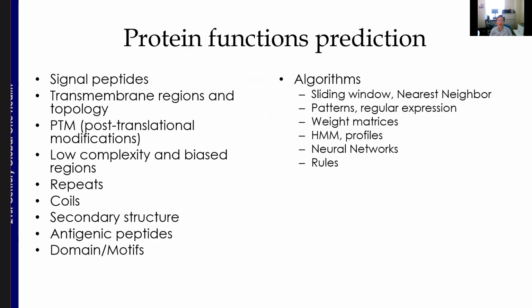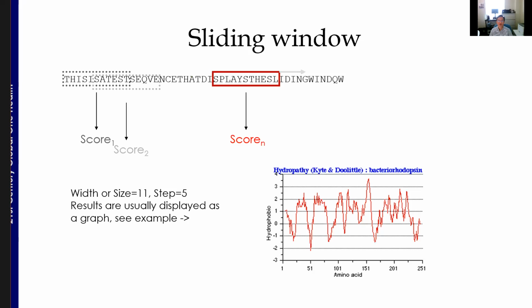We can predict protein function, the gene product function, using a series of tools, for example signal peptide prediction, transmembrane region prediction and post-translational modification. There are different algorithms, based on pattern recognition, weight matrices, sliding windows, etc., that can help you to perform this. So this shows you the sliding window analysis. That's your predicted protein sequence of the gene.